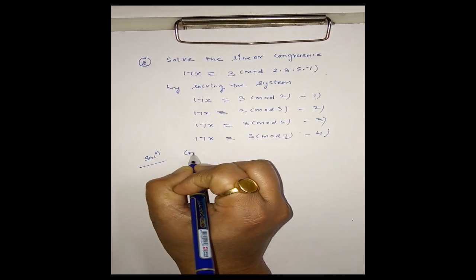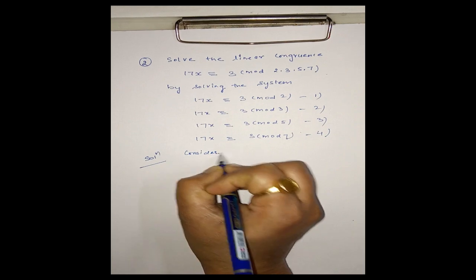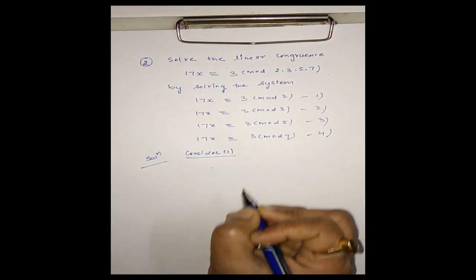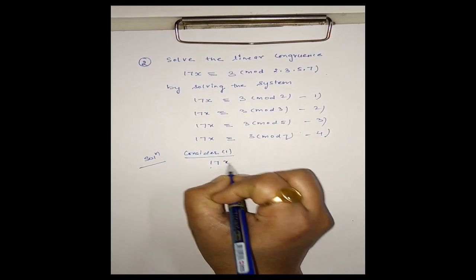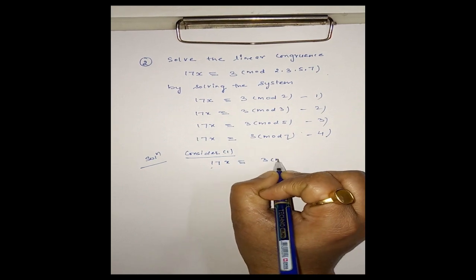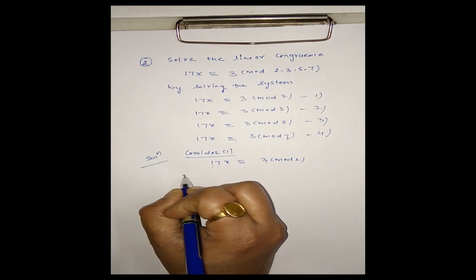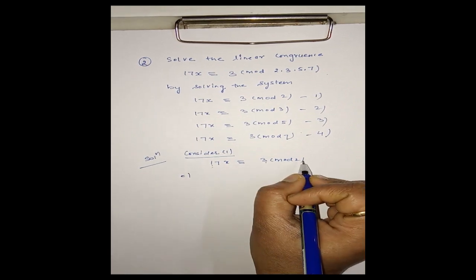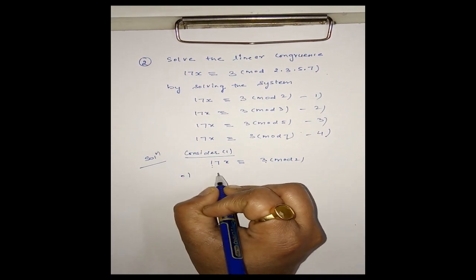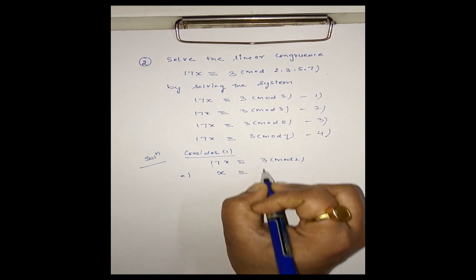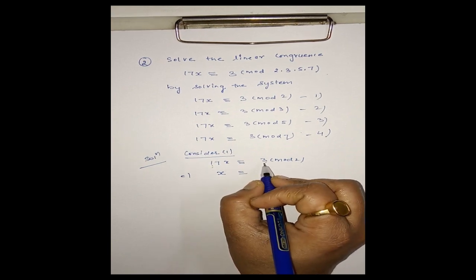Now consider the first congruence: 17x is congruent to 3 modulo 2. Clearly 17 and 3 are more than 2. Dividing 17 by 2, 2 8s are 16, so the remainder is 1. Similarly, the remainder is 1 on dividing 3 by 2.